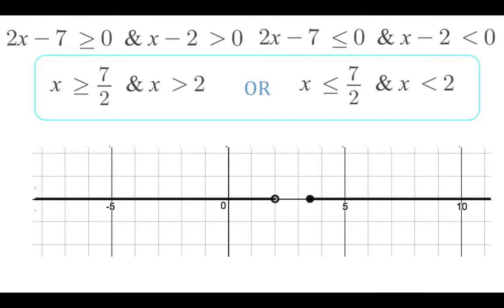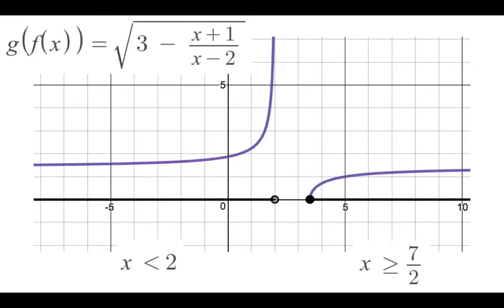Now we'll look at the graph as we compare it. In purple you see the graph of our function g of f of x. Notice how the graph shoots off to infinity as you get close to 2, and how when you get close to 7/2, it just goes to that point and stops.